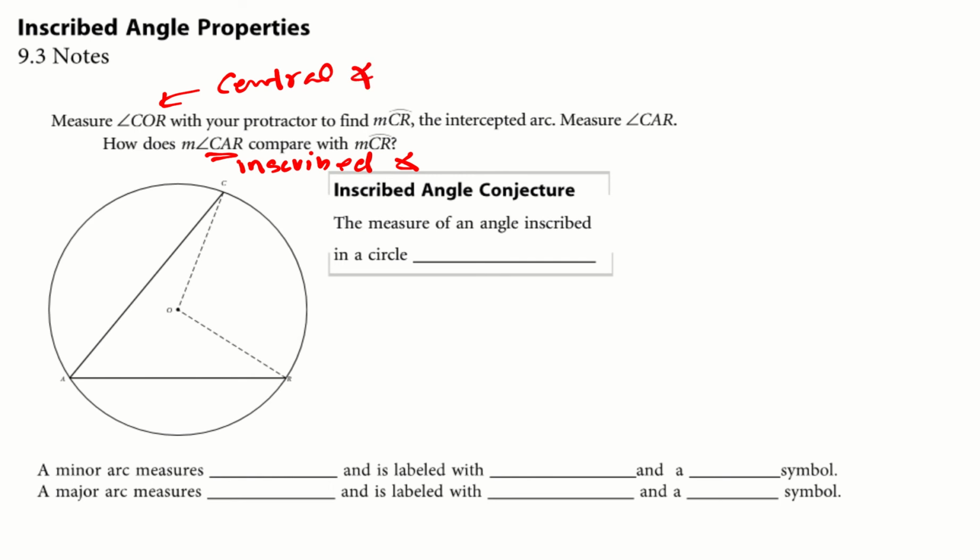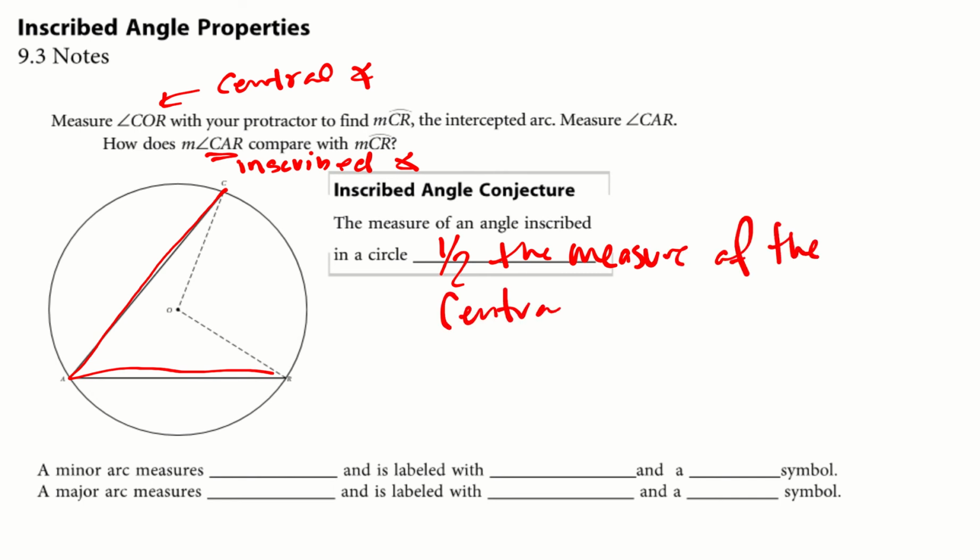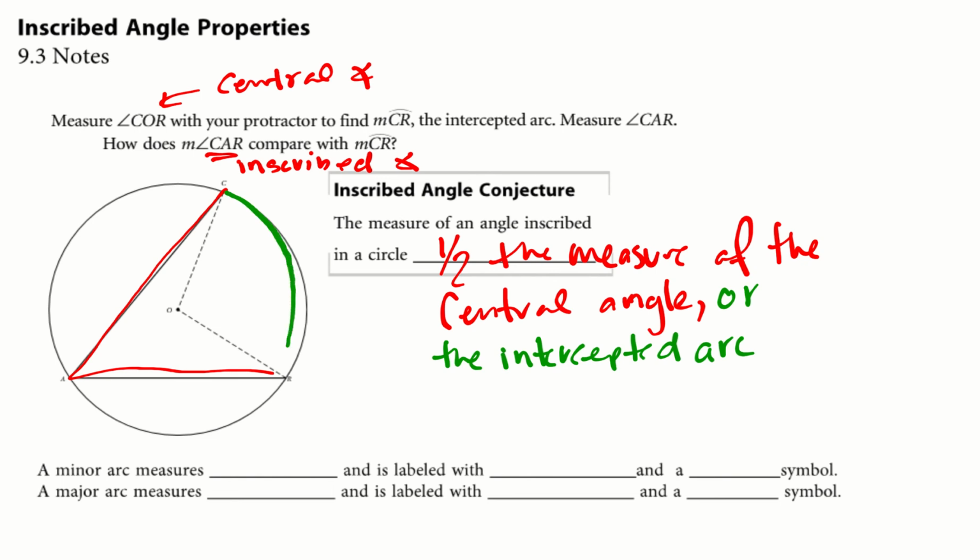The measure of the inscribed angle in a circle, that would be CAR, is half the measure of the central angle. Or you could say it's half the measure of the intercepted arc, which is here, arc CR.